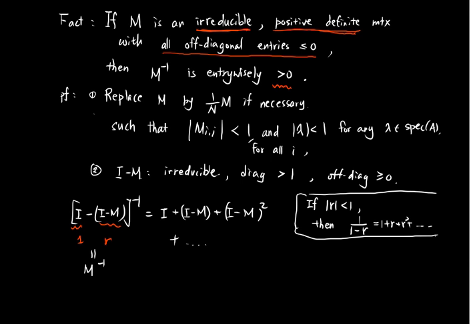But the good thing is, in this case, every matrix is positive or equal to 0. And meanwhile, it is irreducible. So for every entry, there is at least one power that makes it non-zero. So in the end, this one is going to be greater than 0.